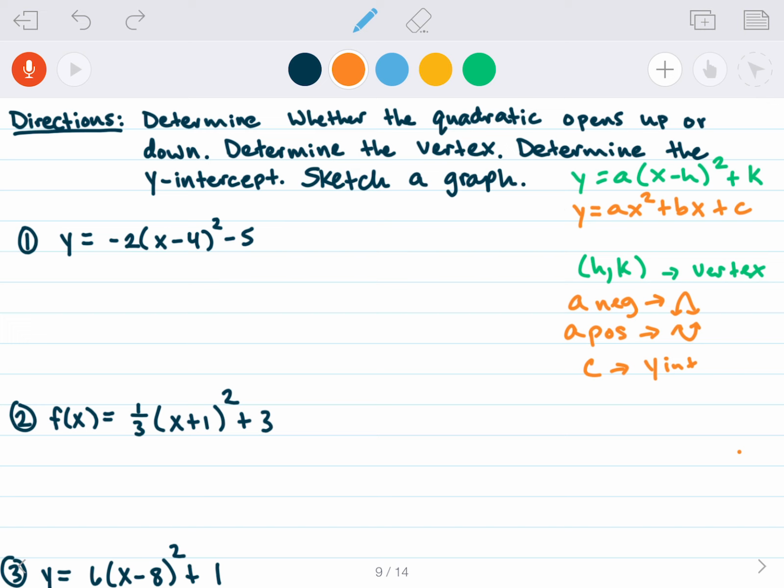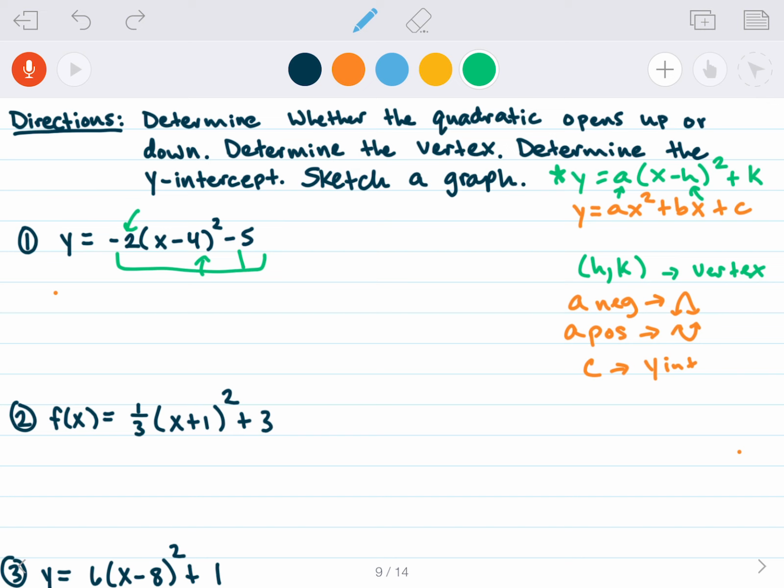First of all, does the parabola here open up or down? Well, this is in vertex form. We're comparing it to this guy right here. We can see that -2 is in the spot of a, we can see that 4 is in the spot of h, and we can see that -5 is in the spot of k.